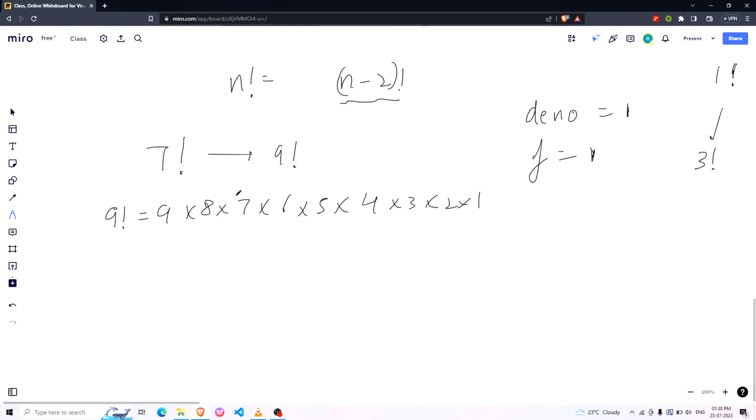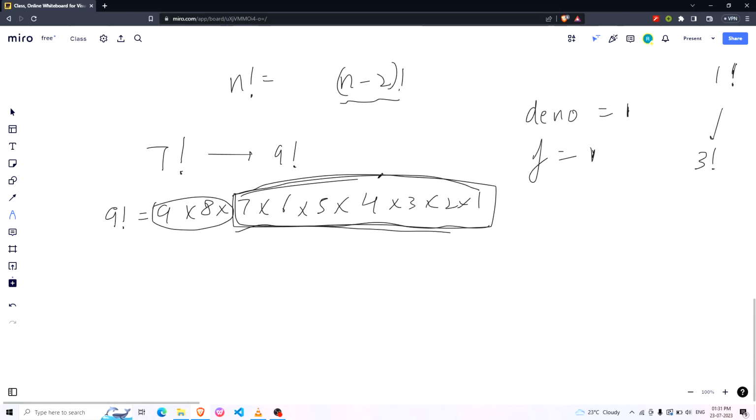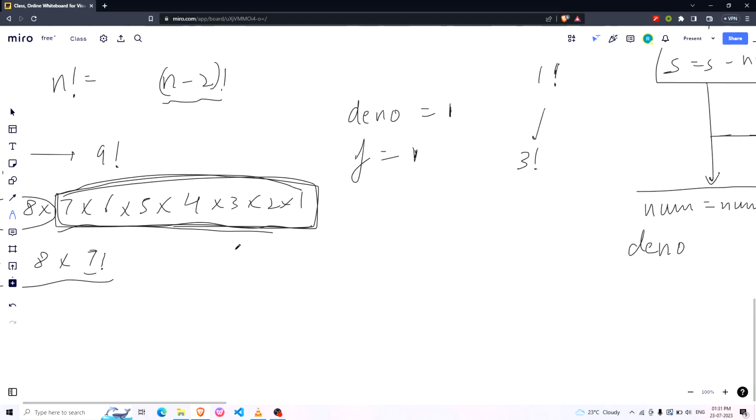Look at this part separately. Isn't this 7 factorial? So we can write that 9 factorial is equal to 9 into 8 into 7 factorial. So to get 9 factorial from 7 factorial, we just have to multiply it with 8 and 9.